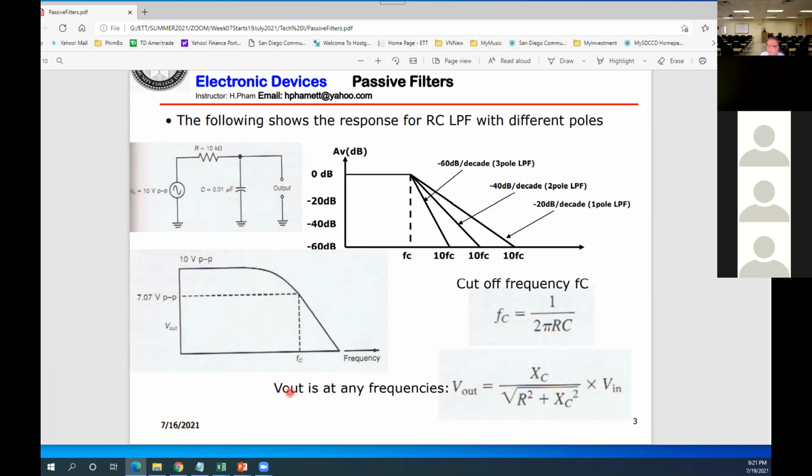If you want to calculate the output at any frequency, you have to use this formula. But we don't need to do it. You guys don't have to do it. You're going to learn how to design the filter.